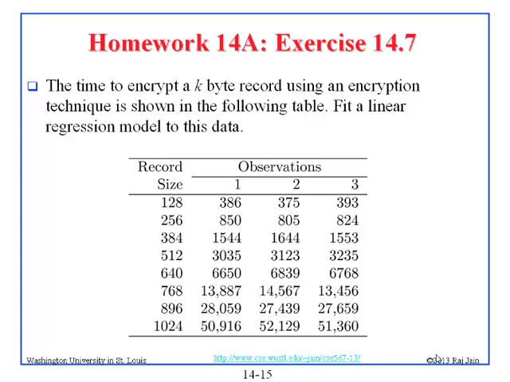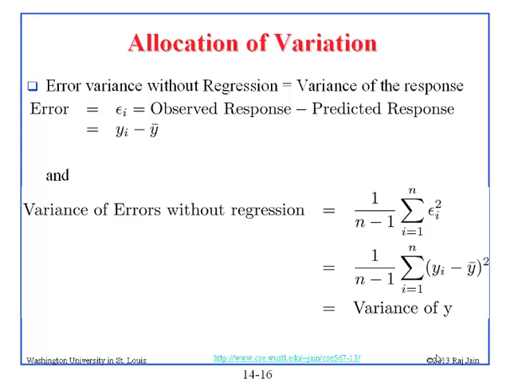Given those 24 observations, you have to fit the linear regression model, which simply means that you have to find B0 and B1 by putting into those formulas. Now we are going to do something slightly new. We know the errors.